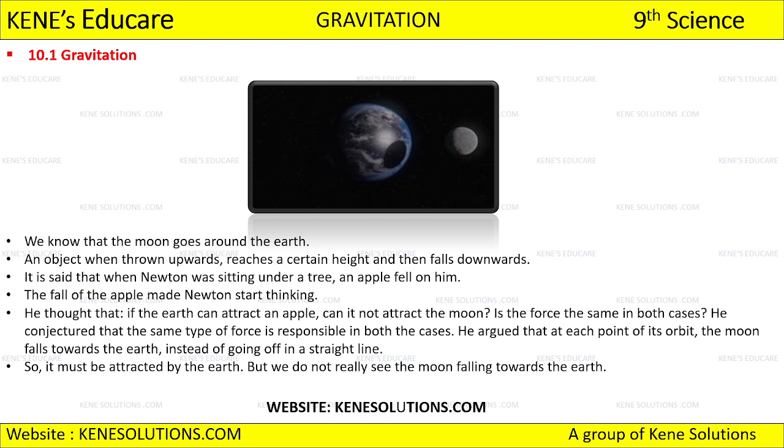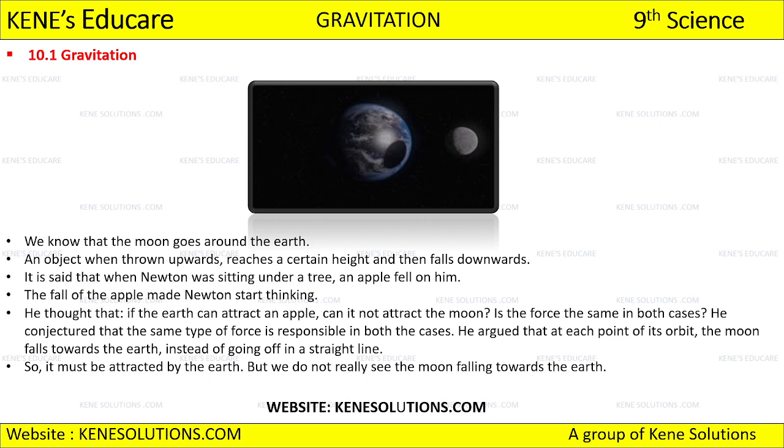We know that the moon goes around the earth, and the earth goes around the sun. This is how it works. So the earth is there and the moon revolves around it. This is again an example of gravitation.